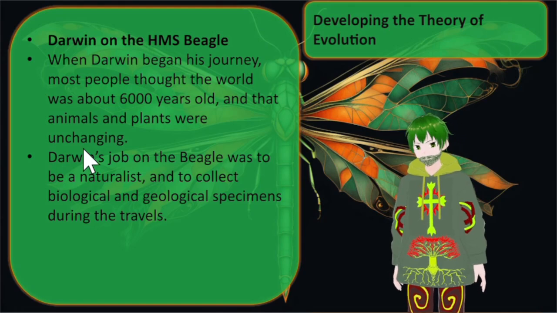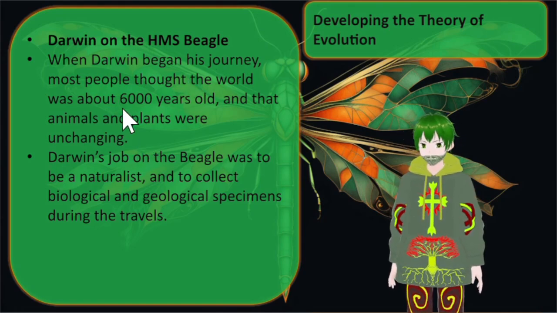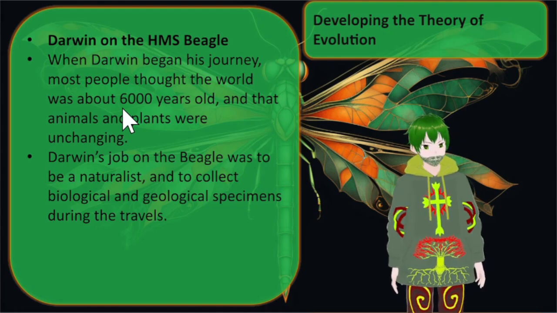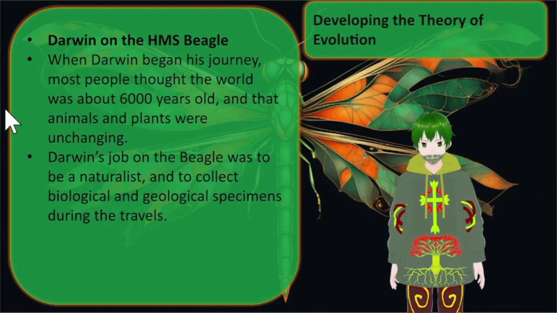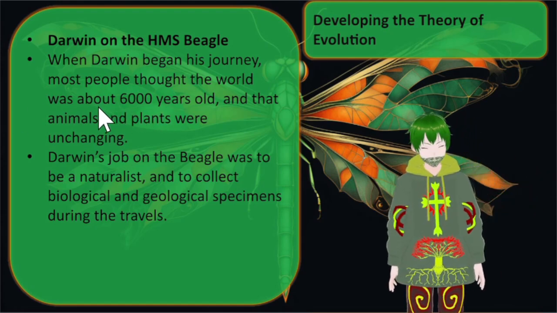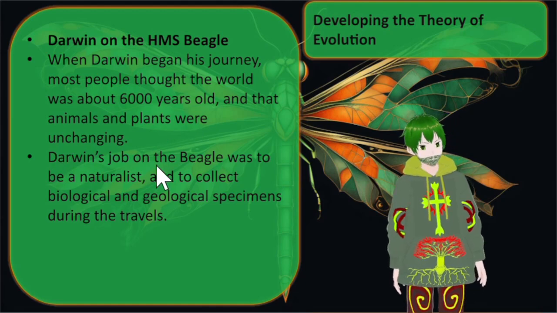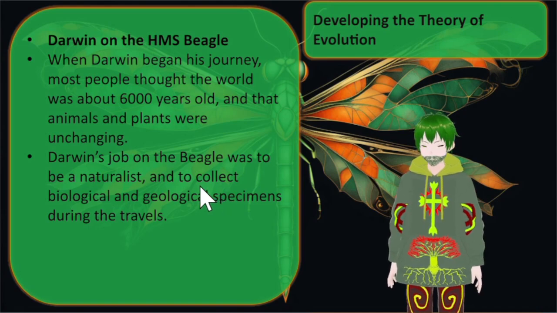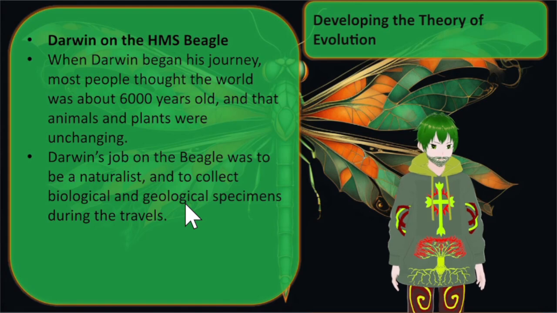He noticed that, unlike the accepted knowledge of the time, the Earth looked older, and that life seemed to be changing as he went around the world, but had similar patterns in similar places. And so Darwin's job on the Beagle was to be a naturalist, meaning that he would take observations of the animals and organisms as he traveled around.